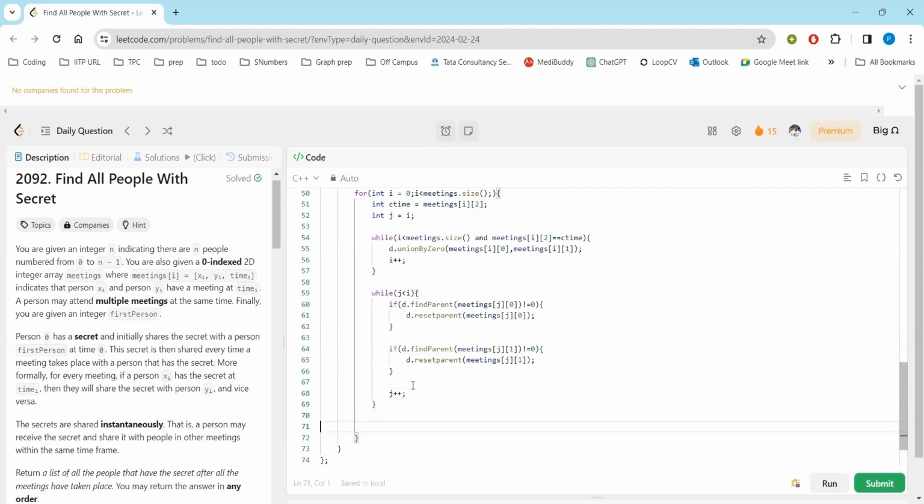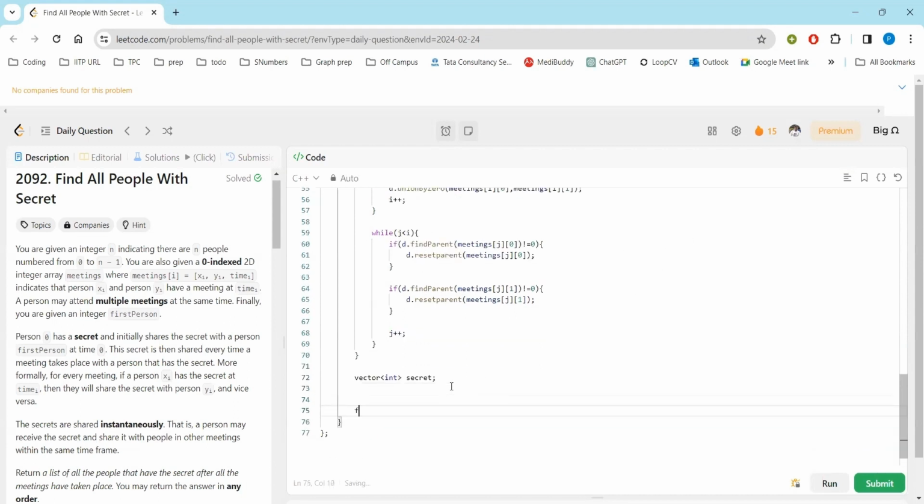Now, after these operations are done, we have visited and we are at the end of the time frames, then we will create a vector of secret. A person who knows the secret will be kept inside this vector. Now we will iterate the person from I equal to 0, I less than n, I plus plus.